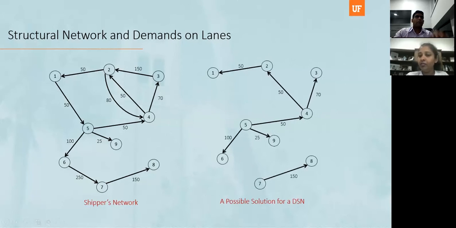So here is a dedicated subnetwork. I'm using the abbreviation DSN, for dedicated subnetwork. Do you think this is a good subnetwork? Seems like enough loads, but if you really stare at it, what is the problem with this? Suppose that you send 50 truckloads from 2 to 1. What are you going to do with those 50 truckloads sitting here?